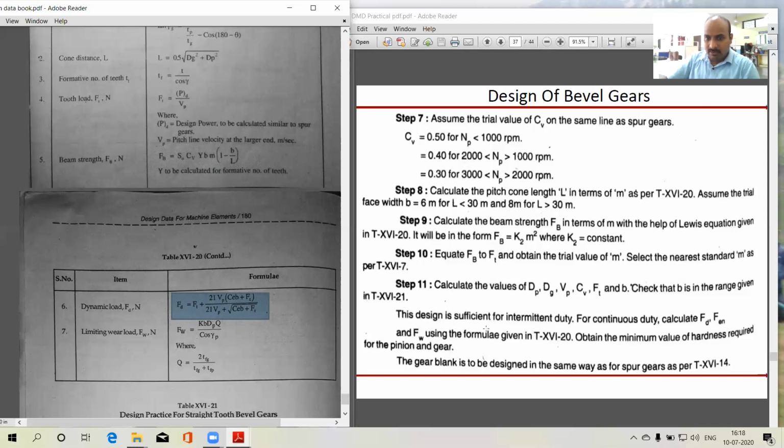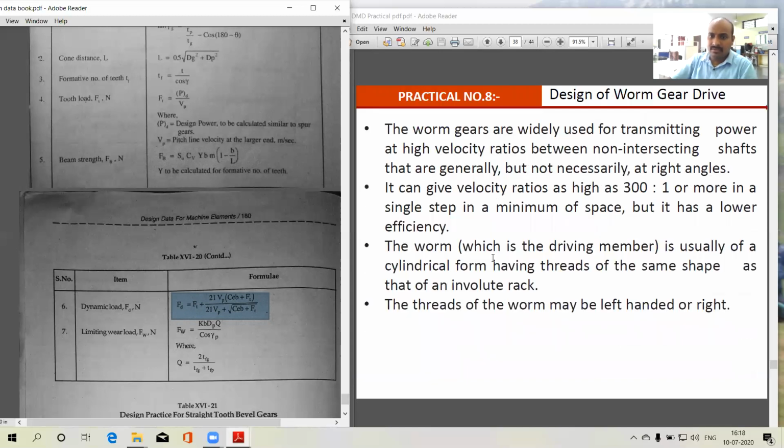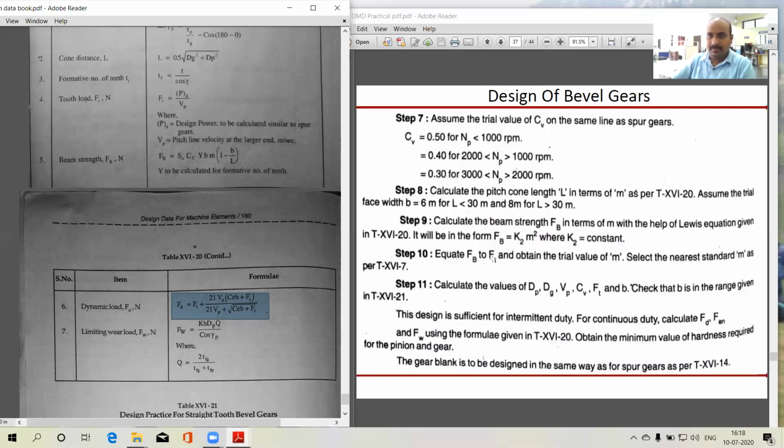Then after calculating all these loads, you have to apply a limit, that is FD should be less than FW. Accordingly, you can have all the values of bevel gear. So in this way, the design steps of bevel gears are concluded.